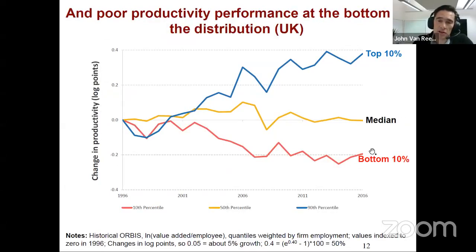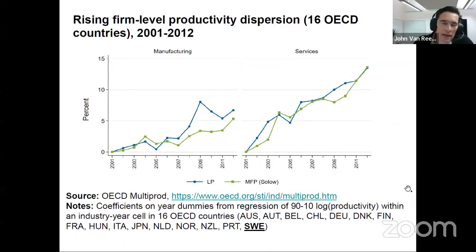If you look at this is showing what's happening in the bottom 10%. So you can see this increased difference between the firms at the top, the firms in the middle, and the firms at the bottom. These bottom firms have even seen some falls of their productivity. Again, that's the UK. This picture looks at the rest of the European, a mix of 16 OECD countries.